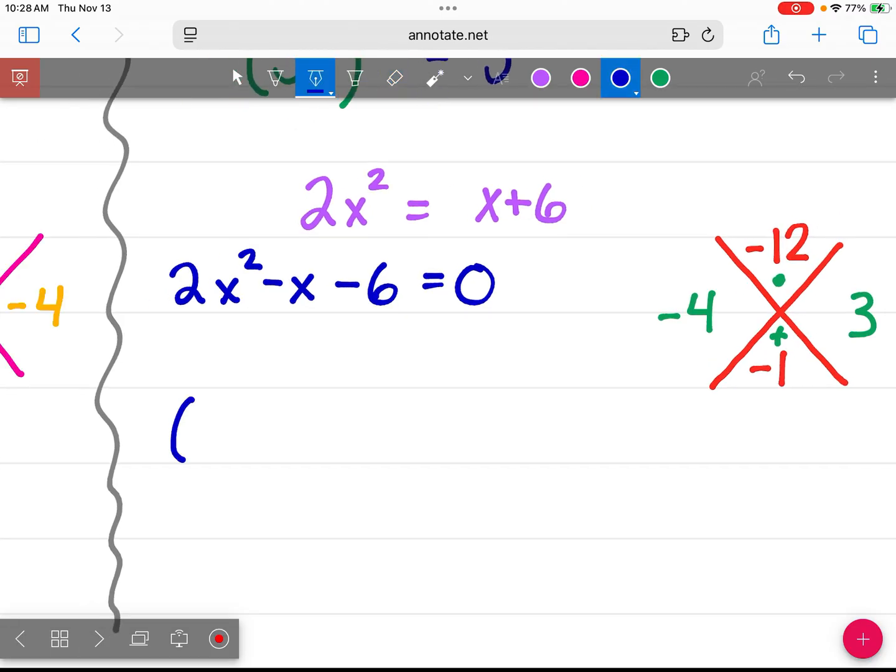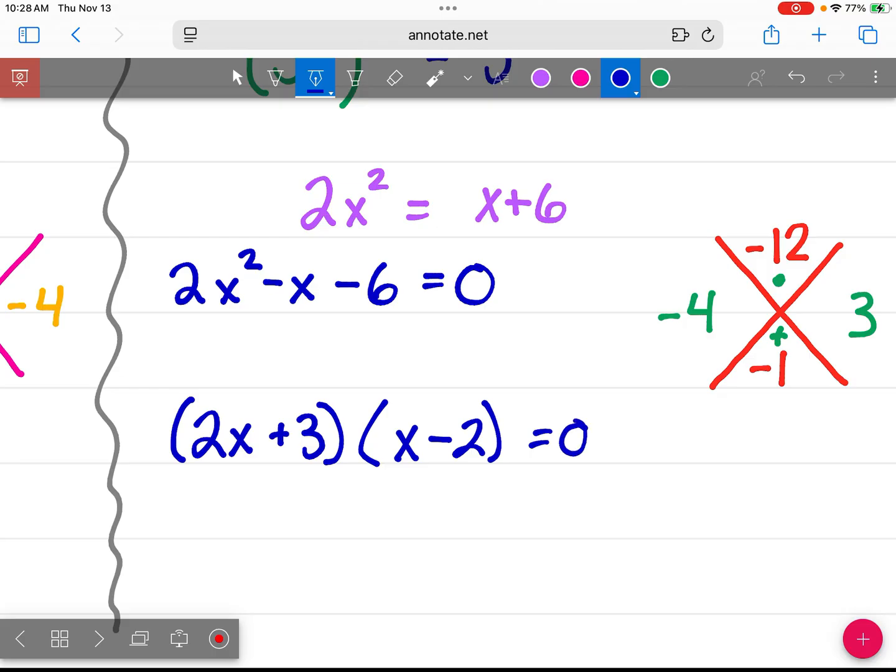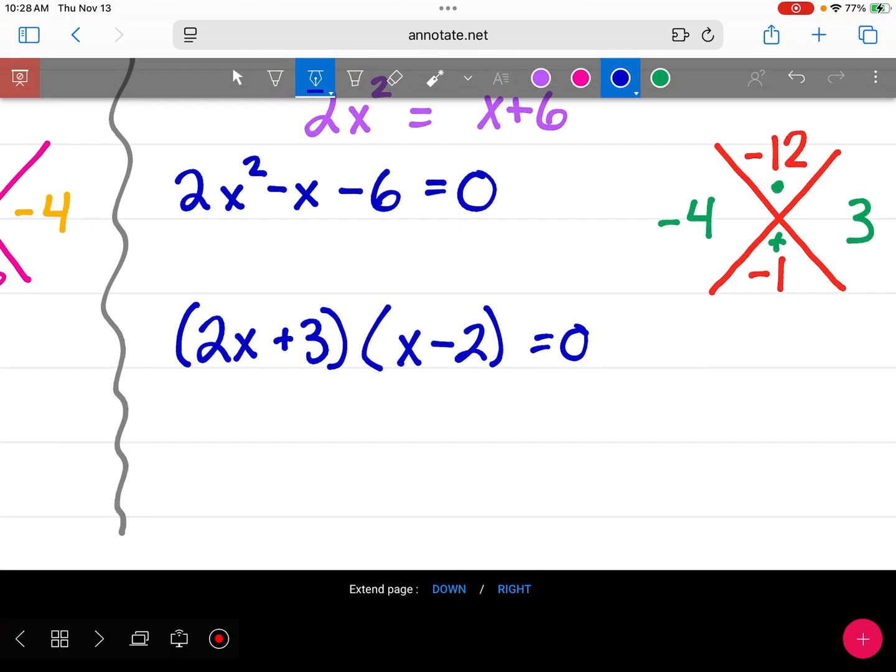The right ones. 2x plus 3 and x minus 2. Please don't take the shortcut if we have an a value. I've seen that happening a little too frequently, so I'm just pointing that out.